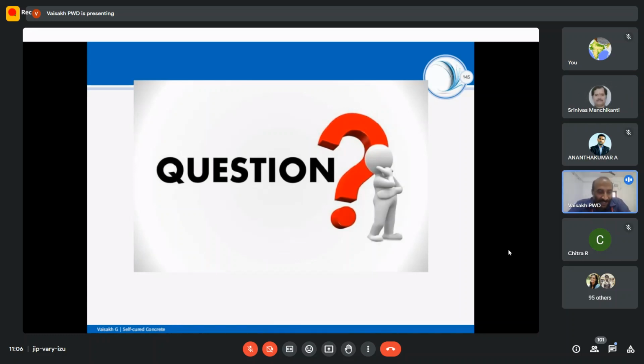Yes, that's a good question. Self-curing concrete is not that widely used in the field because it has to be optimized before it is widely used, and it is used in locations where other methods of curing are not feasible. Like in the case of high-rise structures, definitely it is going to be self-curing concrete sooner or later.